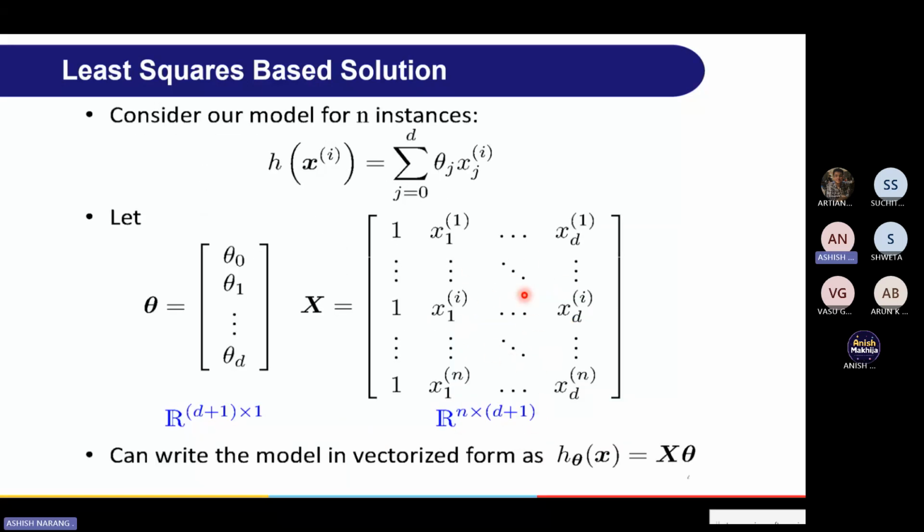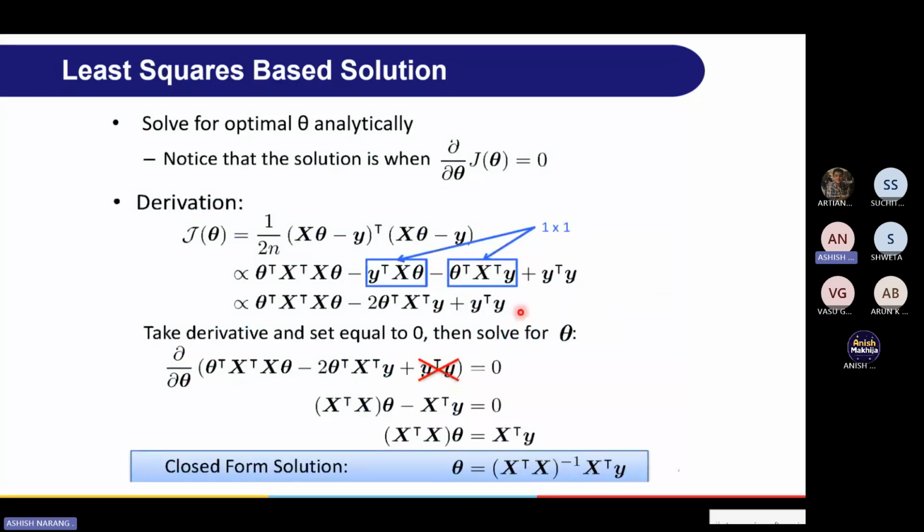Generally, we are used to finding 3 cross 3 or 4 cross 4 matrices. But imagine 1 lakh records here. Then after multiplying X transpose X, you take the inverse, and then again multiply with X transpose. So this is computationally very intensive.